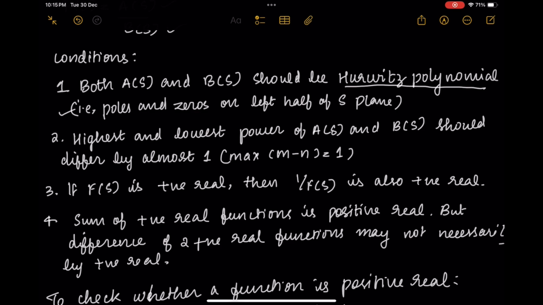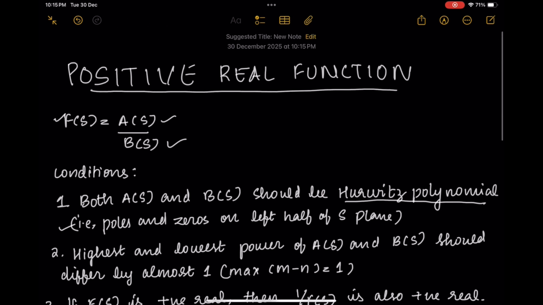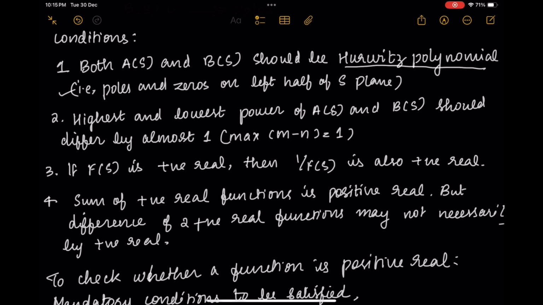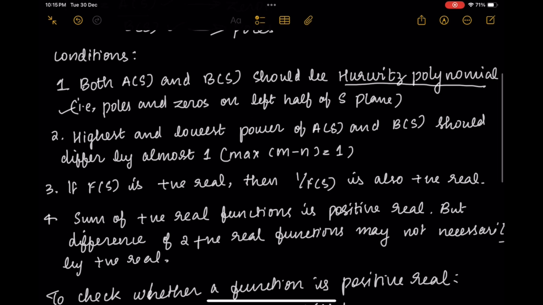Here you know what is pole and zero, right? Roots of denominator give poles and roots of numerator give zeros. So the poles and zeros should be on the left half of the S-plane. That's our first condition. That is, the numerator and the denominator must be a Hurwitz polynomial.